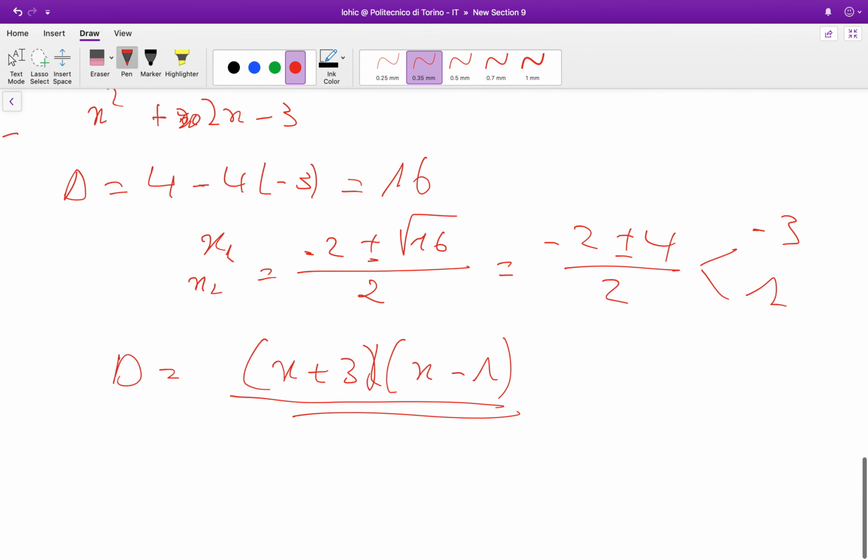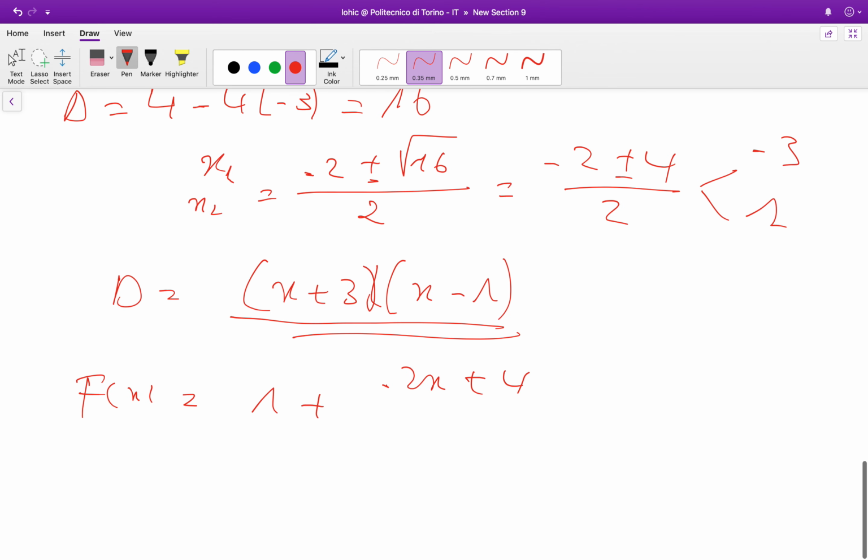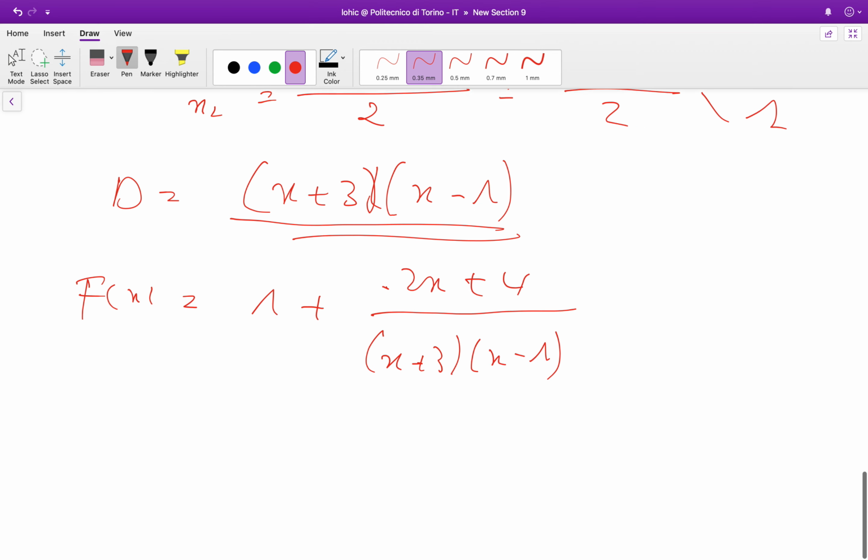So it means that the function we want to integrate can be written as 1 plus minus 2x plus 4 divided by x plus 3 multiplied by x minus 1, right?